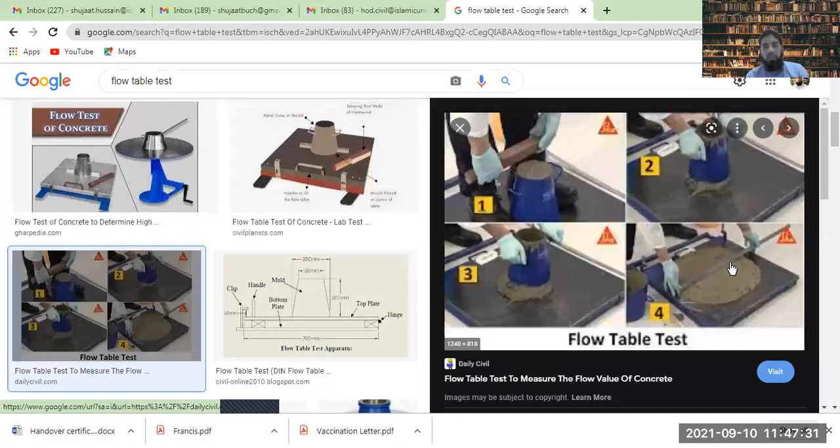So you can see that he's measuring how much the flow has happened. That's one part of it related to slump. And the other part you can also check from here is the consistency of this paste after it has flowed out, whether it has segregated or whether it has remained the same. So this could be one method of measuring the segregation of the particles here.